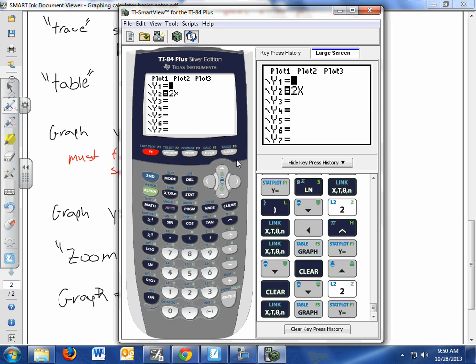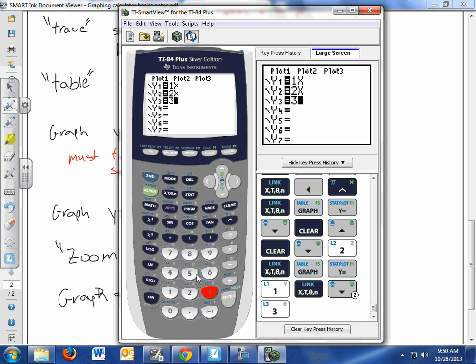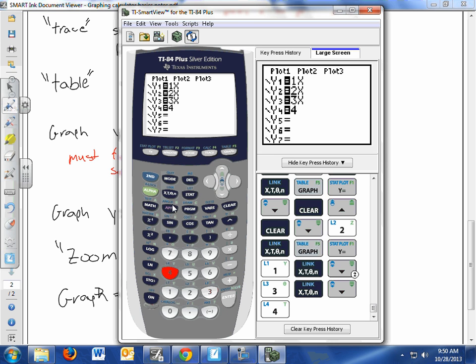What do you notice if I change this 2 to a 1? What happens to my graph? I change it to a 3 and a 4. Somebody tell me.